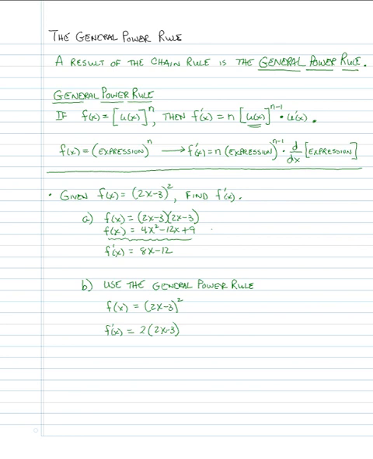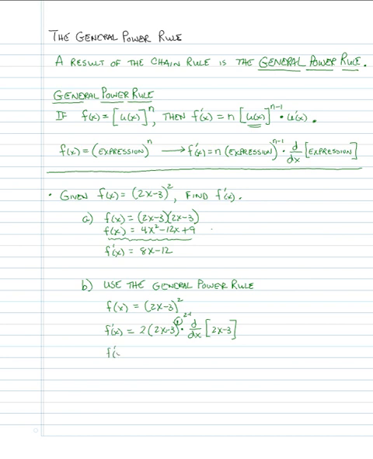And then reduce the exponent by 1. So when we reduce the exponent 2 by 1, we just get an exponent of 1, don't we? And then multiply with the derivative of what's inside the parentheses. What's inside the parentheses is 2x minus 3. So we'll actually calculate that here in just a moment. And of course this 1 was the old exponent, subtract 1.